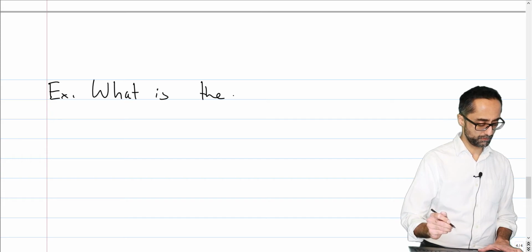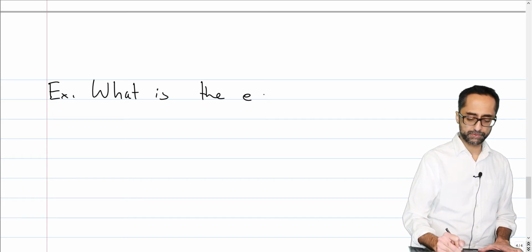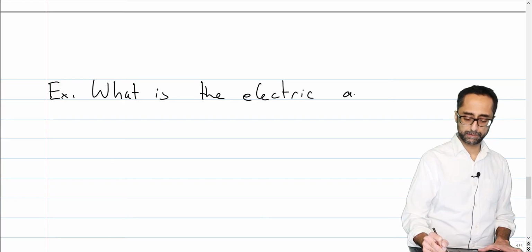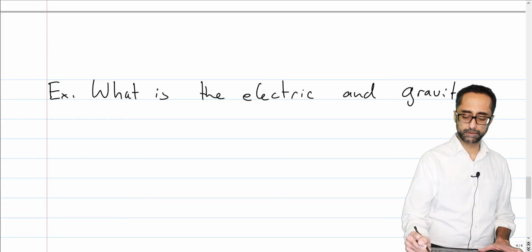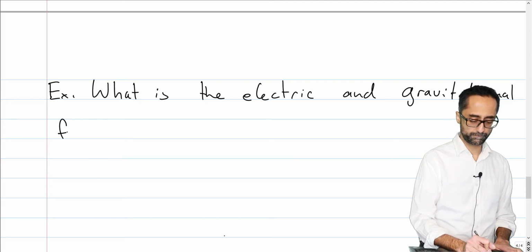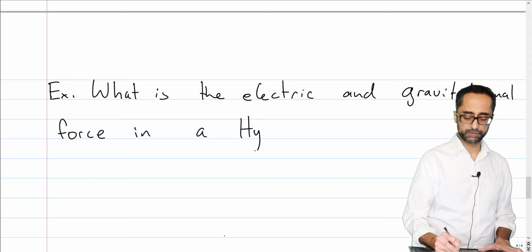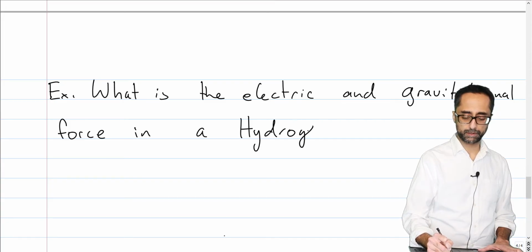And when we think about hydrogen atoms, what we're going to be doing is measuring the electric and gravitational force in a hydrogen atom between the parts of the atom.